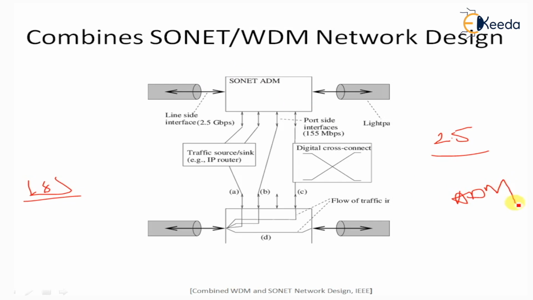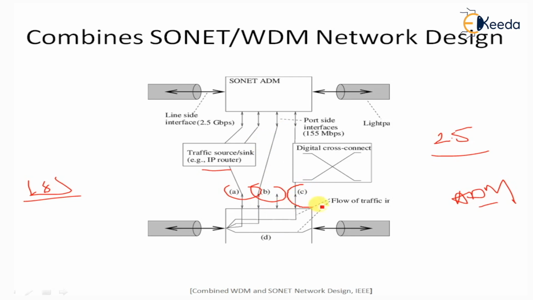Consider here four cases: A, B, C and D. First, case A: connecting the ADM to lower speed equipment such as a SONET multiplexer, IP router or ATM switch. Next is case B: connecting the tributary interfaces to each other using interconnections.